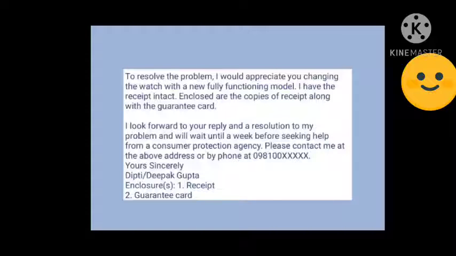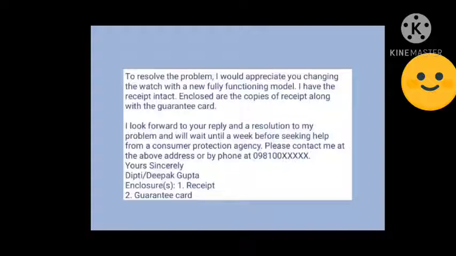Next, complimentary clause, that is subscription. Yours sincerely, and write the name. You have to sign in that name, either Deepthi or Deepak Gupta, and you enclose some documents and mention that. What did you enclose?